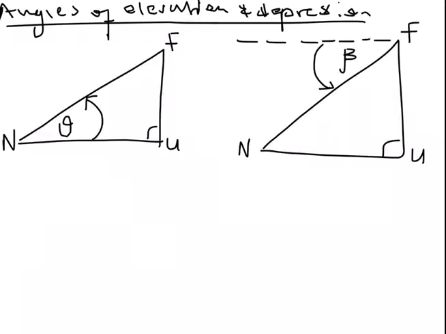So these are two right angle triangles positioned in the same way, but let's interpret them.